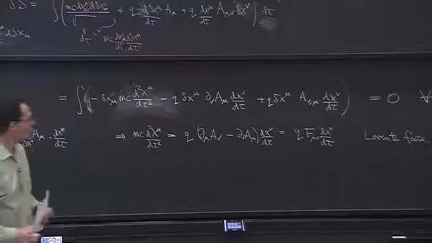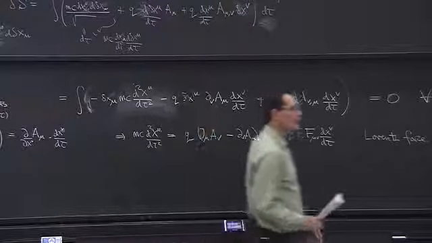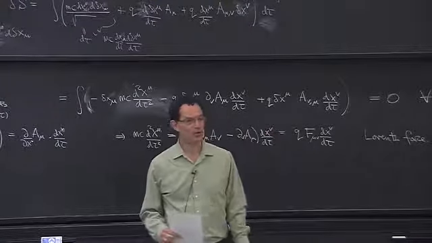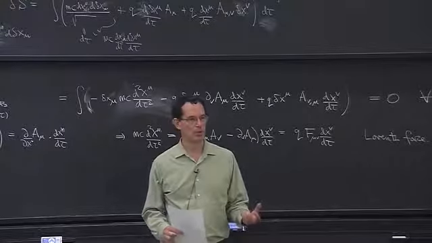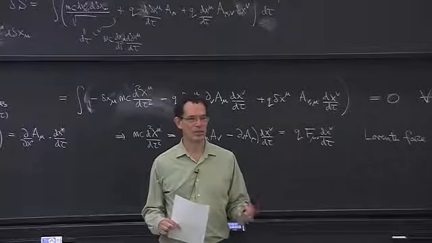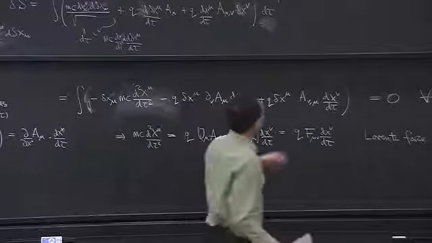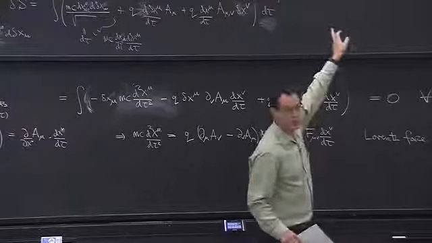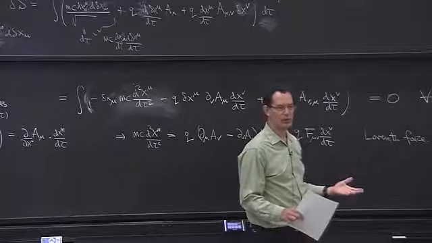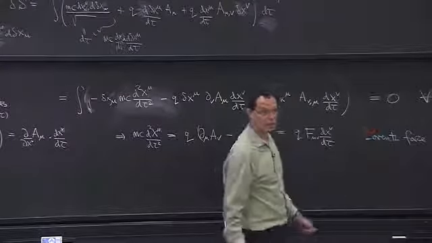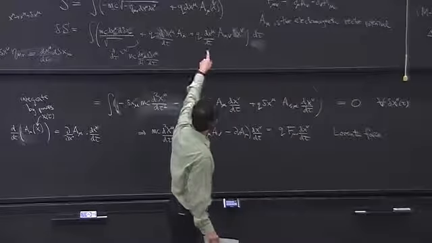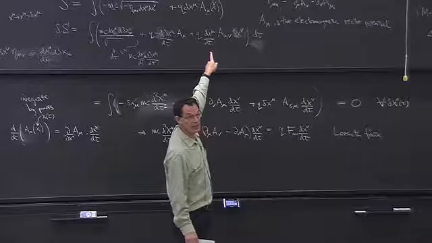In electrodynamics, people in the 19th century at least, and in fact for most of the 20th century, thought that A_mu was just a mathematical guy, that the vector potential was just a useful thing you'd use to solve Maxwell's equations. For example, the electrostatic potential is often a useful concept in solving electrostatic problems. So they thought A_mu was just a mathematical thing. But now you see A_mu is actually the thing that comes into the action.